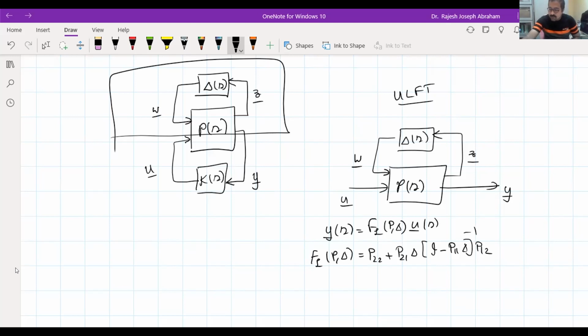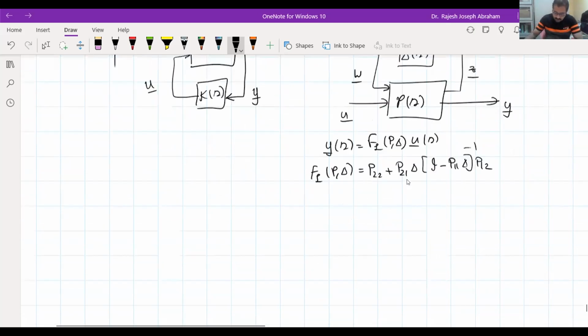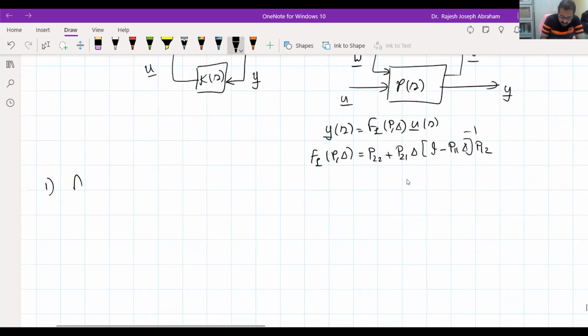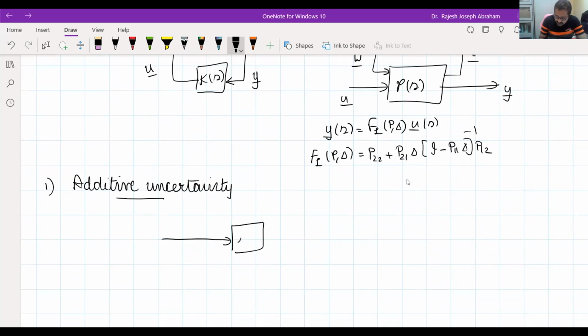Suppose the uncertainty is appearing as an additive factor. We have an additive uncertainty. That means the perturbation will appear as an additive factor like this. Say this is my nominal plant model GM.